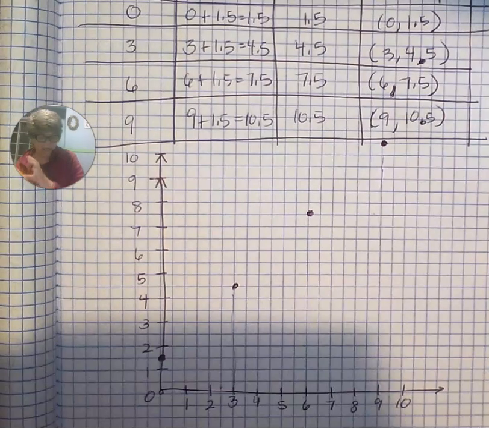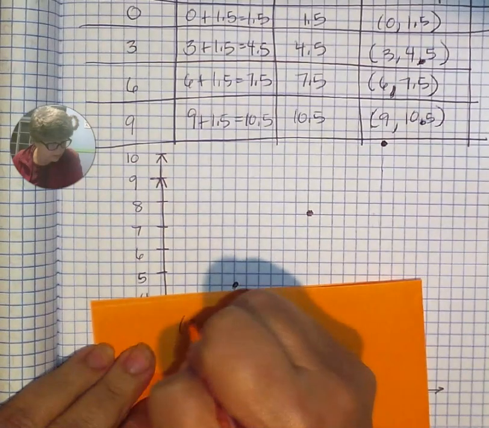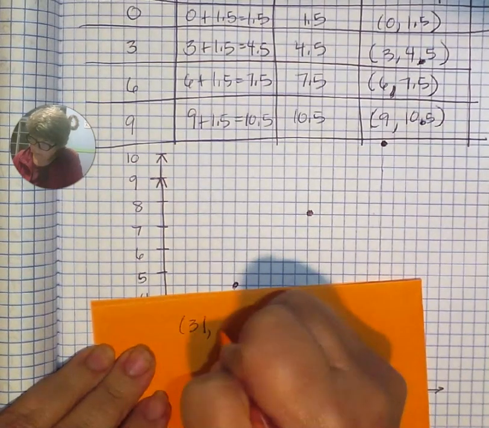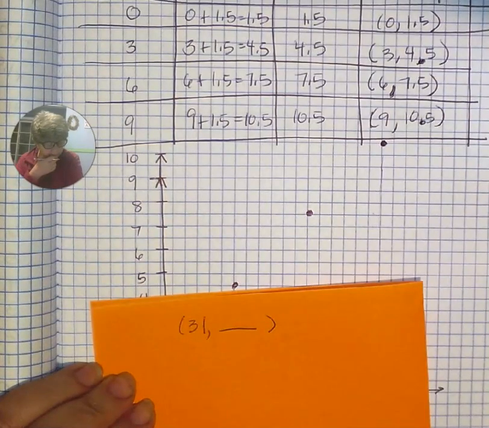What if I had 31 as my x? What would my y be?